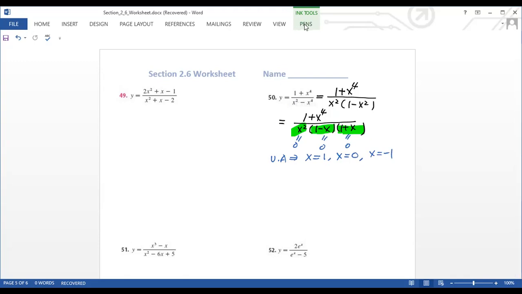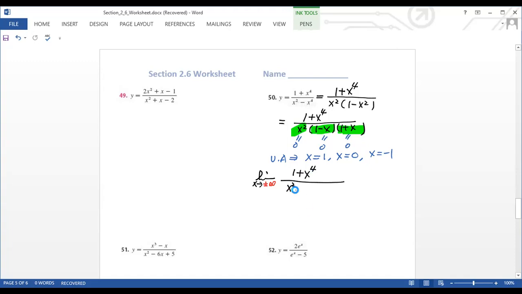Now I'm looking for the horizontal asymptote, where x approaches positive or negative infinity. In fact, here it's not going to make a difference. You can approach positive infinity or negative infinity and they will give you the same answer because x to the fourth is an even power.